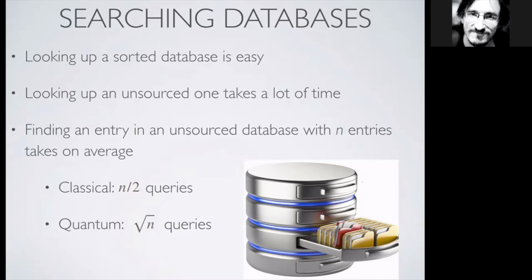But this factor of square roots, that's called a quadratic quantum speedup. So the quadratic just meaning because it's a square root. That's actually pretty poor by comparison to some quantum algorithms, whereby you can get what's called an exponential speedup. In other words, you can exponentially reduce it.